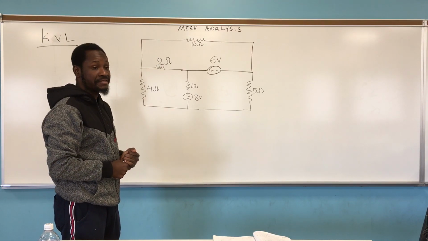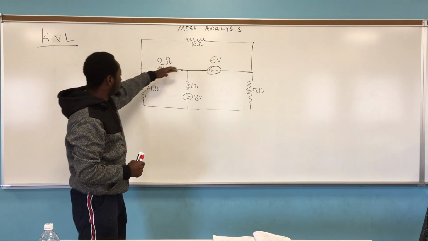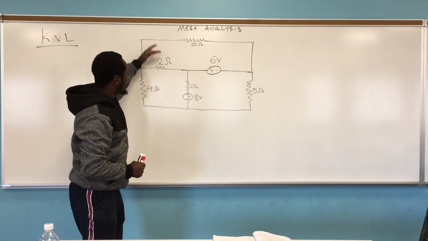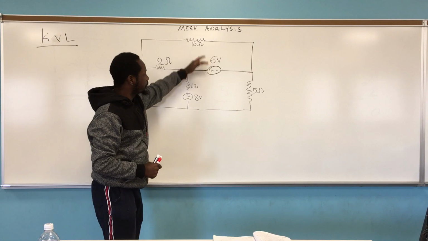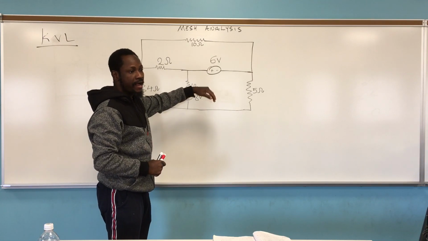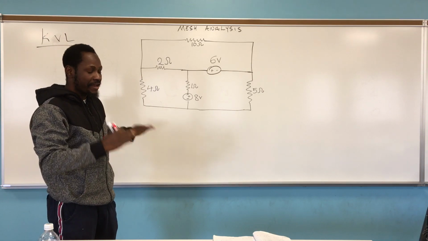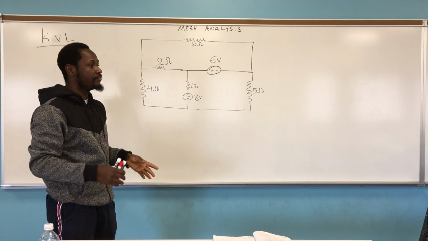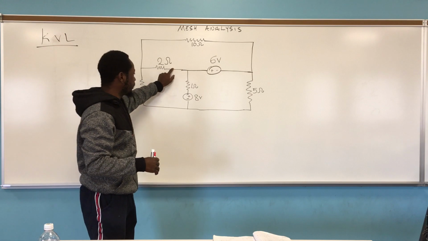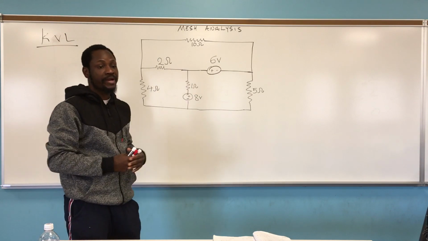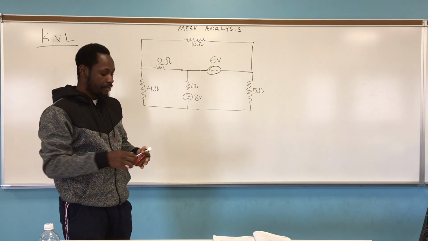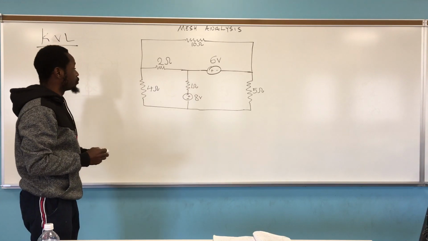The only difference is that you find the branches in between each loop in terms of the mesh current, and that's just it. Everything we'll do is the same KVL with all the inner branches expressed in terms of mesh currents.